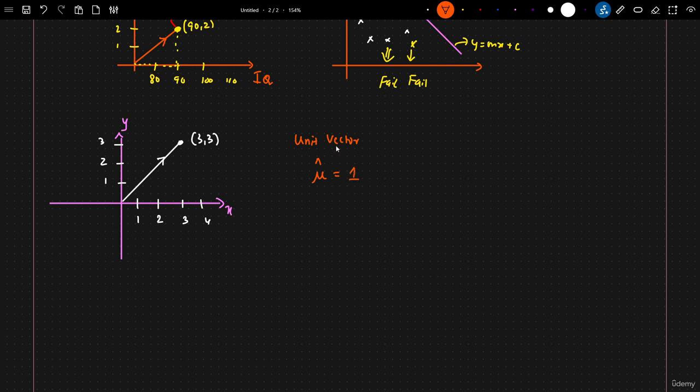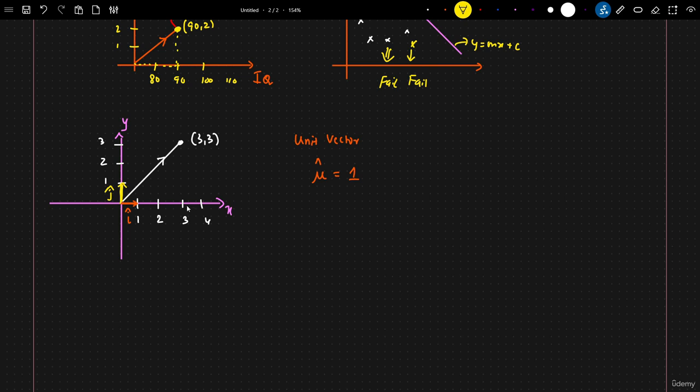If I consider this my unit vector towards the x-axis, it is represented by i hat, and this is my j vector, the unit vector towards the y-axis.